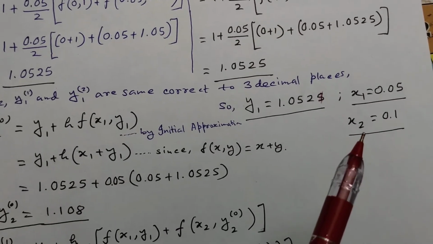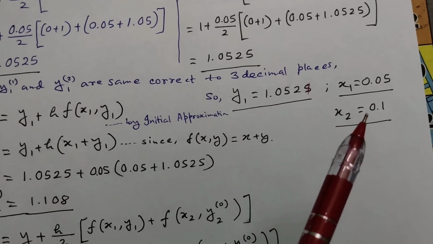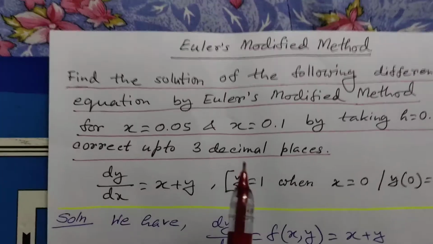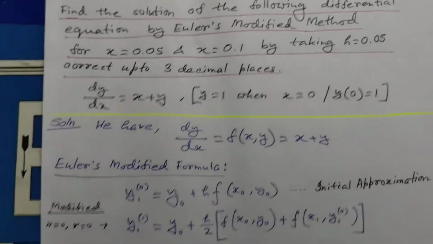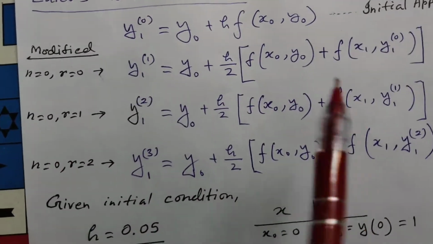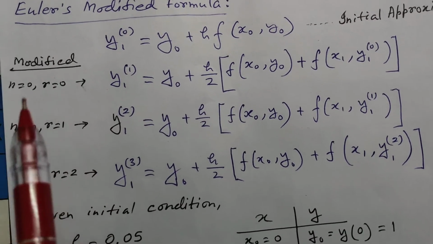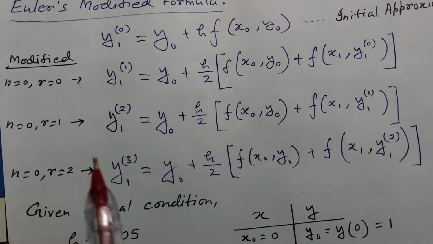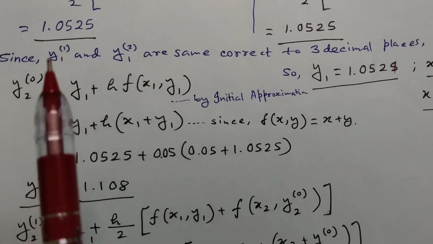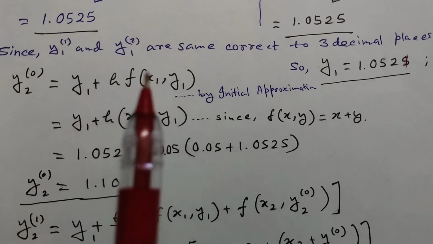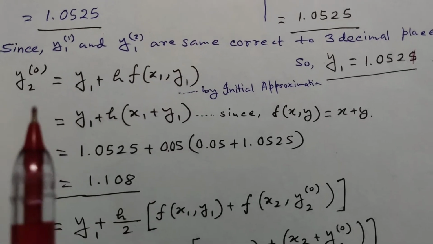Now next we have to calculate the value of y for x2 equals 0.1, as per the question. Putting in the values of n and r in the same way, n will become 1 and r will be 0, 1, 2 and so on. So y20 equals y1 plus h f(x1, y1). Why are we calculating y2?